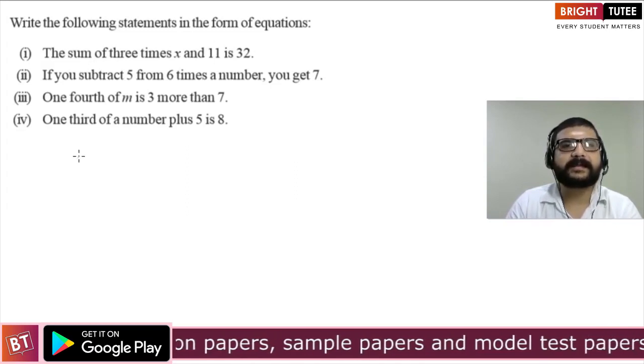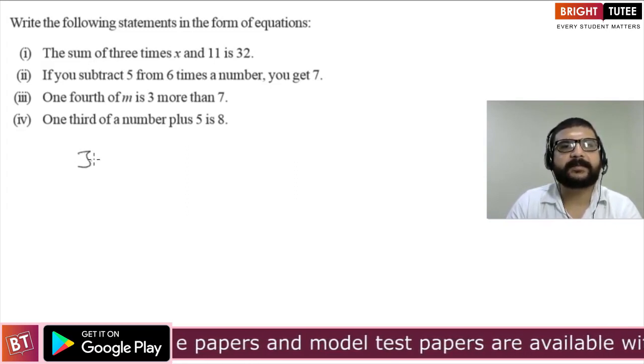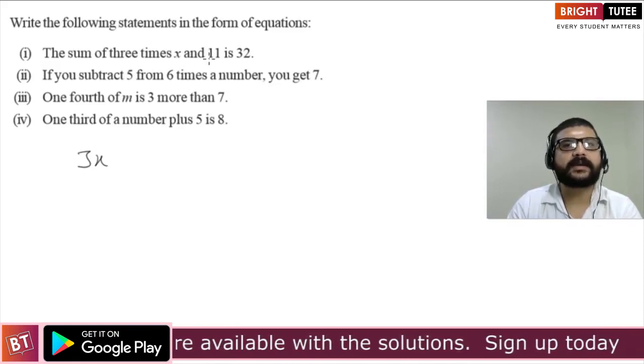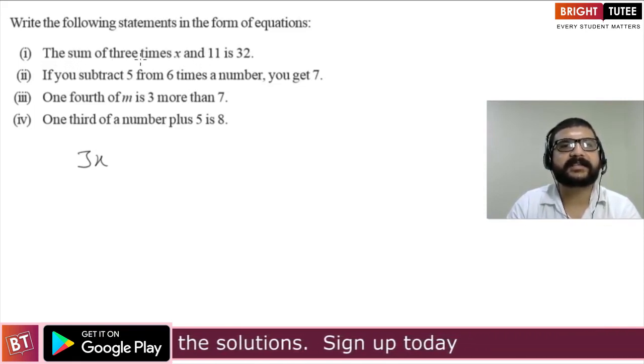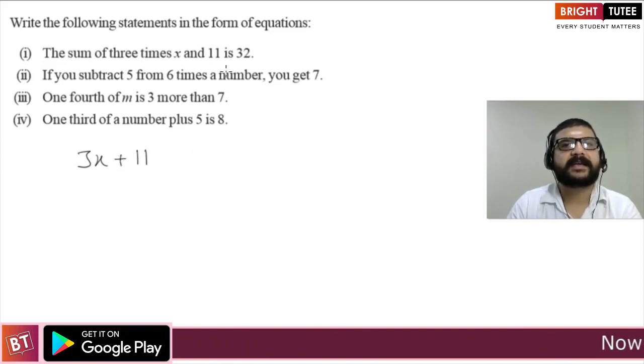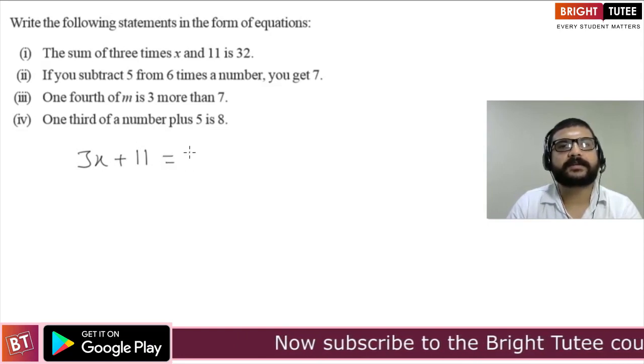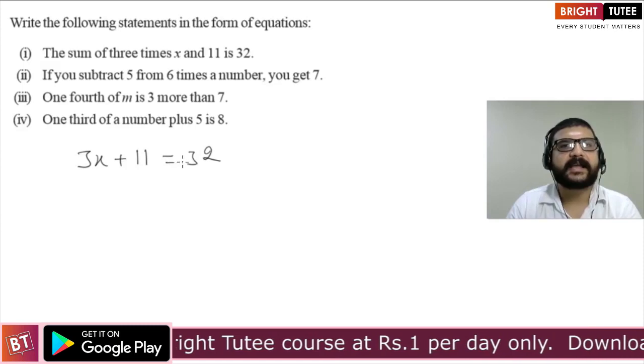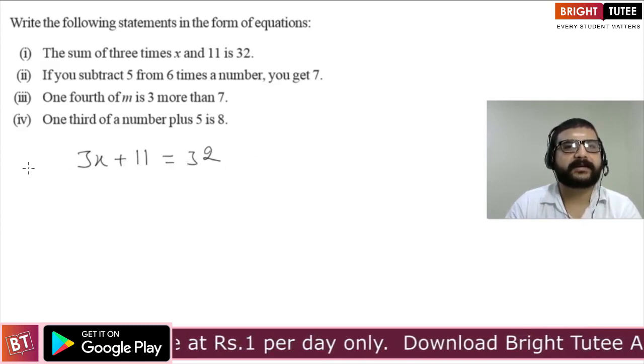What will be 3 times x? 3 times x will be 3x. And it has to be added to 11 because it is written the sum of 3 times of x and 11 is 32. Now this sum is equal to 32. Now this is the equation representing the first statement.